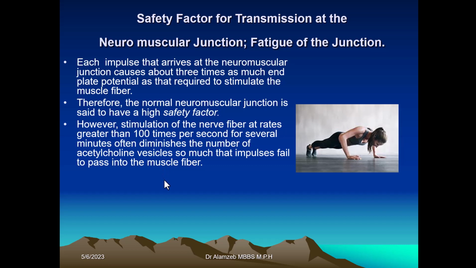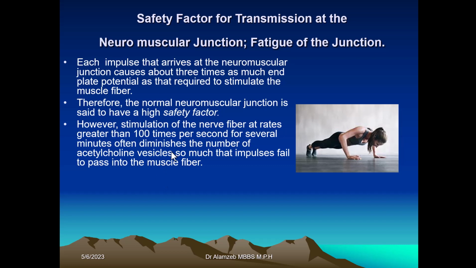However, stimulation of the nerve fiber at a rate greater than 100 times per second for several minutes often diminishes the number of acetylcholine vesicles so much that impulses fail to pass into the muscle fiber.